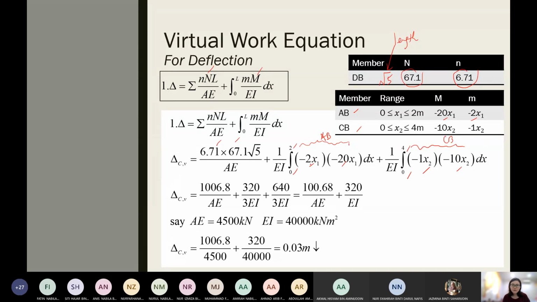Then you can solve it by your calculator, all these fractions from the integration. This is what you have if AE and EI are not given to you. If AE and EI are given to you, just put them in, and you get the exact value of your vertical deflection at C.